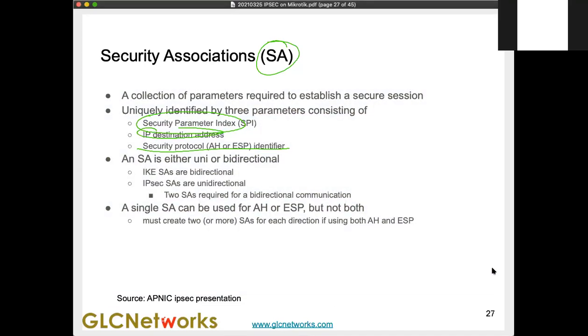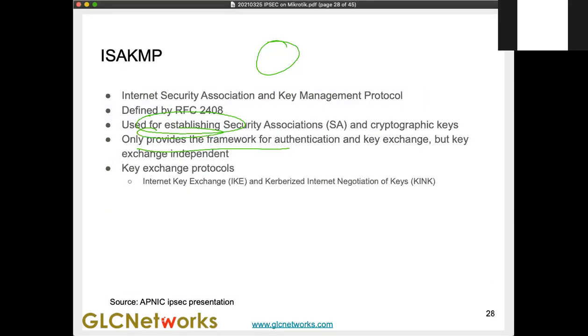Before we look at how it looks, we talk about ISAKMP. ISAKMP is the key management protocol, because previously we know that encryption requires symmetric and then asymmetric keys. So we need a technology to manage the keys, defined in this RFC, used for establishing the security association and establishing the cryptographic key.